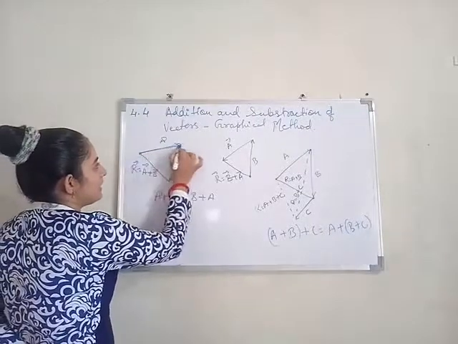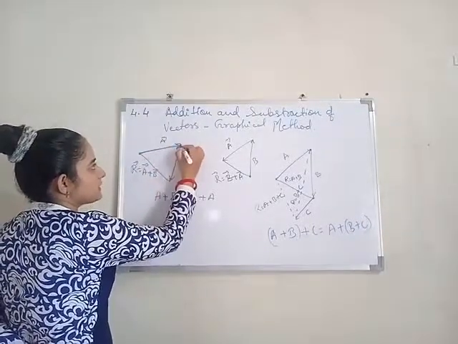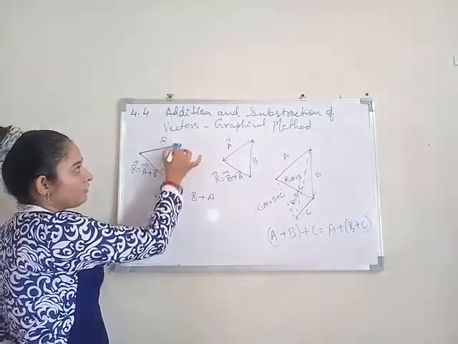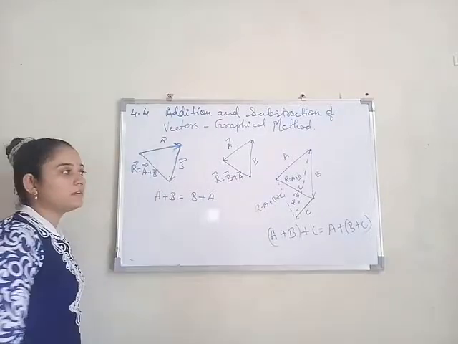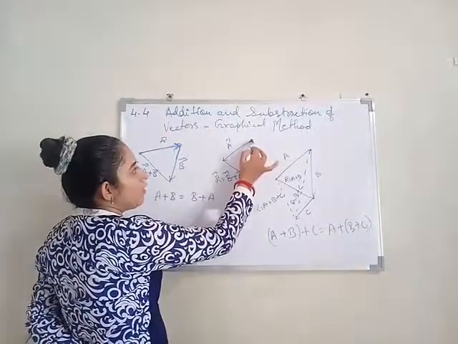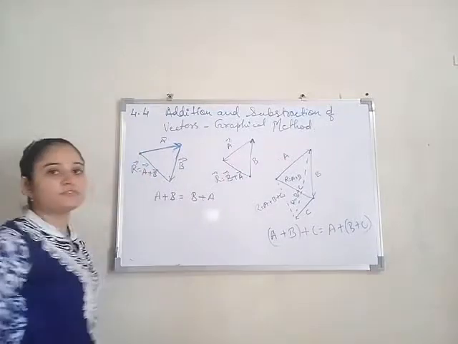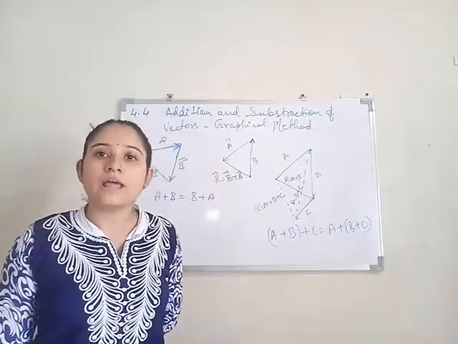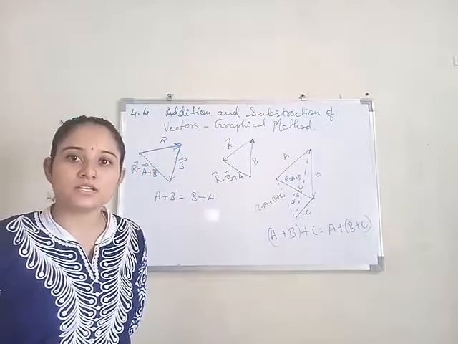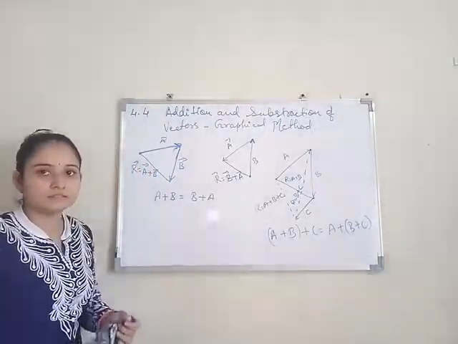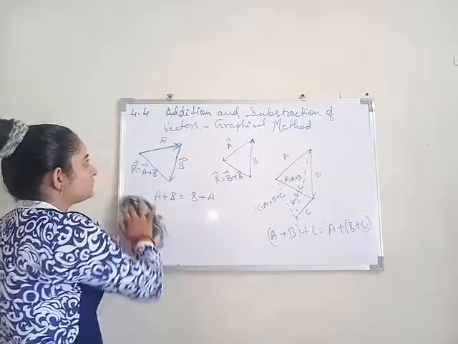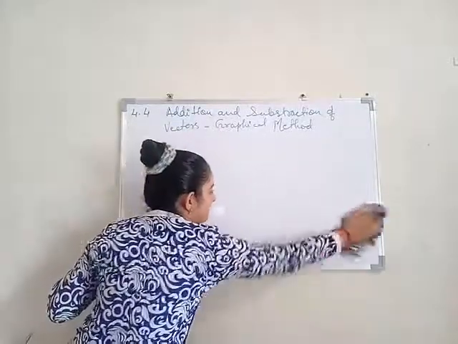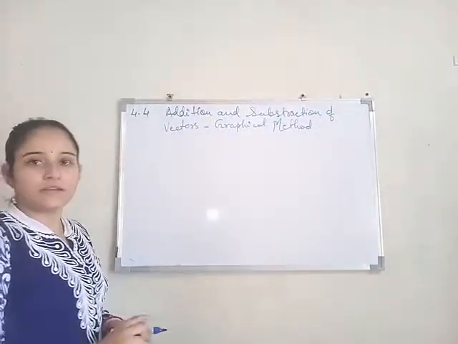Because the head of A is connected to the tail of B. Head of A is connected to the tail of B. Here the tail of A is connected to the head of B. So this is known as the tail to head method or triangular method of vector addition. Clear?